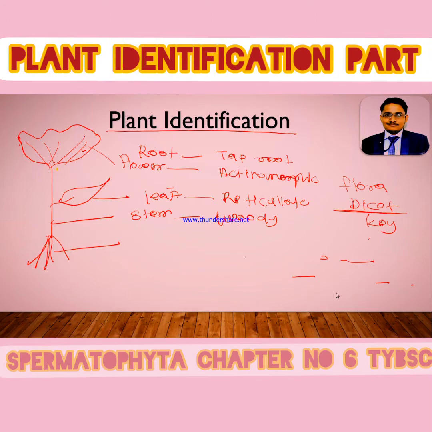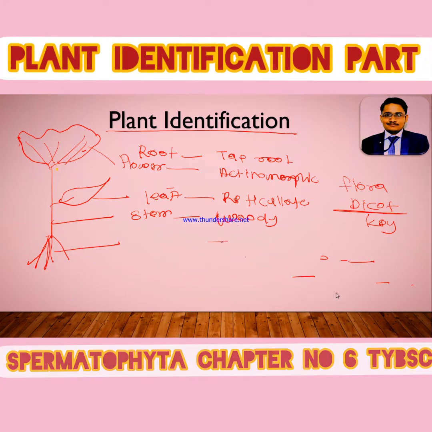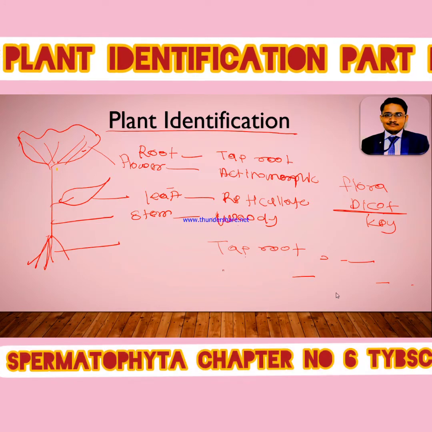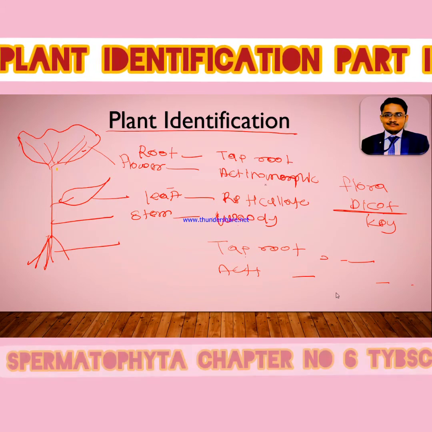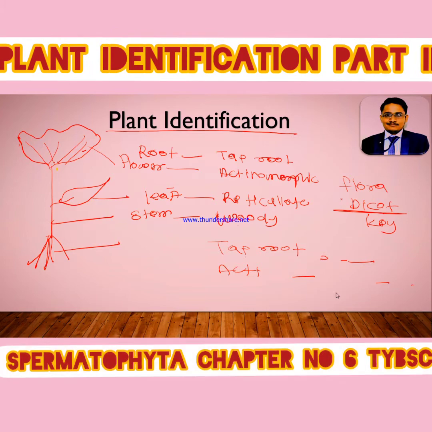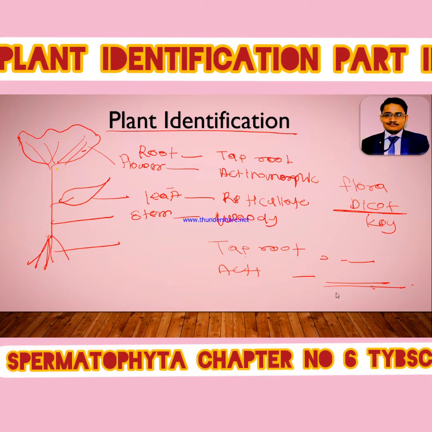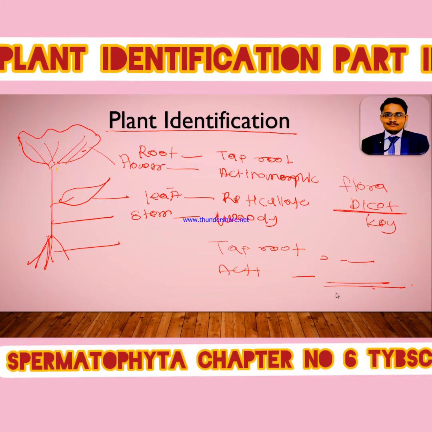And from it we study the character. In that key, taproot character is given, actinomorphic character is given, in this way. In the key, we have to see where the characters are given, and finally we get a plant species, which we get with the help of only the flora.